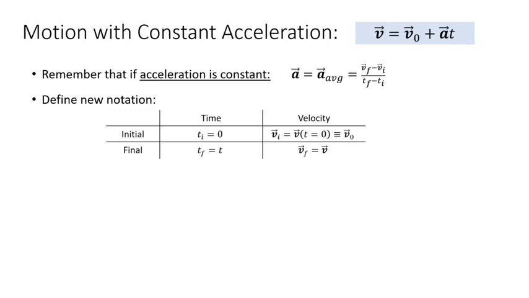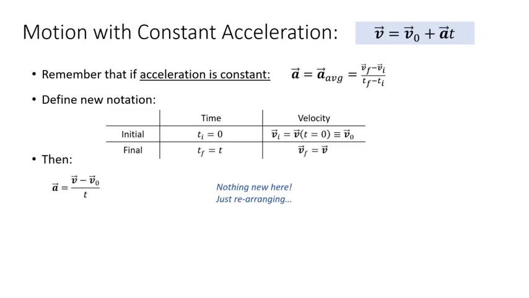With this notation, the corresponding initial velocity, which occurs at time t equals 0, we'll call v naught, where that naught just means at time t equals 0. And then we can drop the f subscript on our final velocity and say that the velocity that occurs at time t, which is our final time, is velocity v.